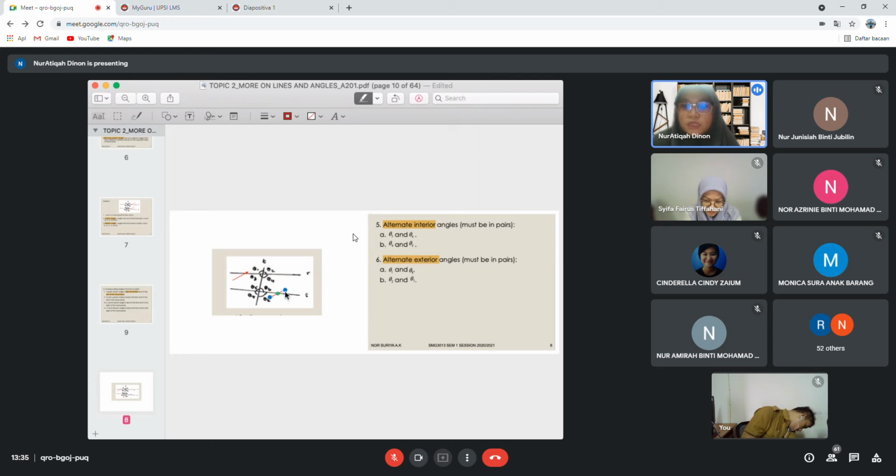It will be theta 8. And if you are talking about theta 2 over here, then its pair will be theta 7. Okay, so you have theta 1 and theta 8, theta 2 and theta 7.